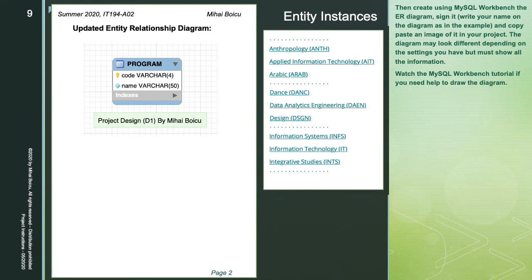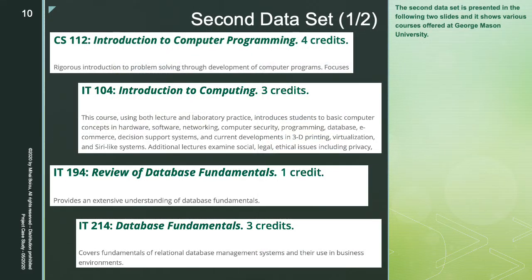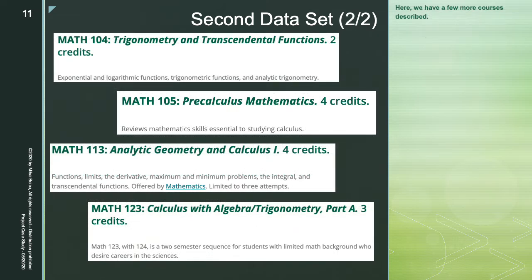Watch the MySQL Workbench tutorial if you need help to draw the diagram. The second dataset is presented in the following two slides, and it shows various courses offered at George Mason University. Here, we have a few more courses described.